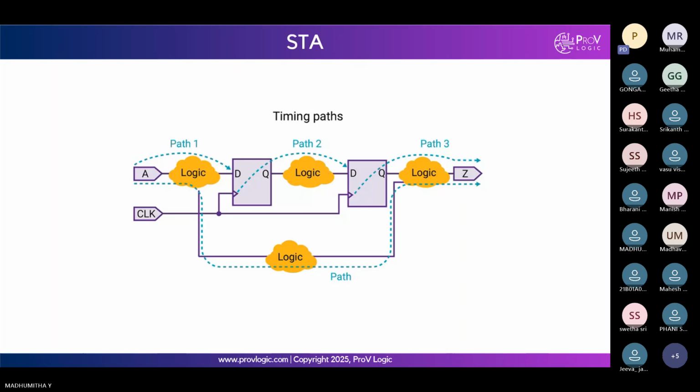So in STA, this is what we will do. We have many STA checks: setup violation checks, hold violation checks, recovery time checks, removal time checks, min period checks, and clock pulse width violation checks. We have to check if all of these paths adhere to these checks, whether passing or failing.